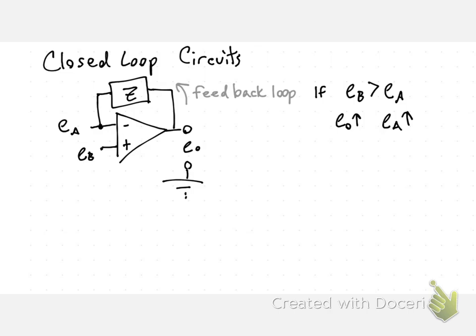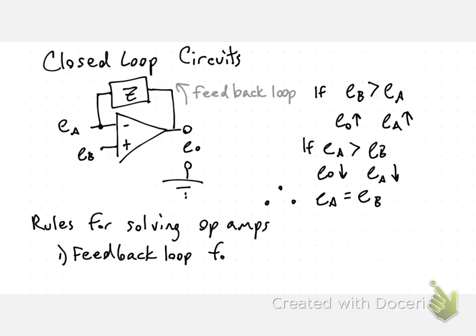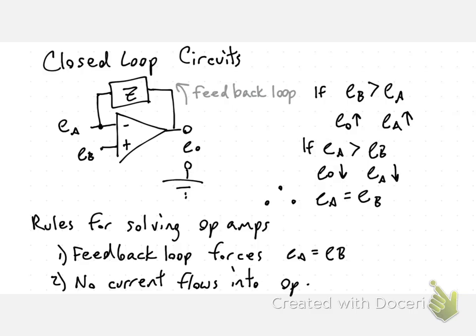So let's say that our input voltage EB is larger than EA, then EO is going to increase, and because you have that feedback loop, even though there might be some drop, that EA will increase as well. If EA was greater than EB, EO would decrease, which would cause EA to decrease. So what a feedback loop does is it forces EA to be equal to EB.